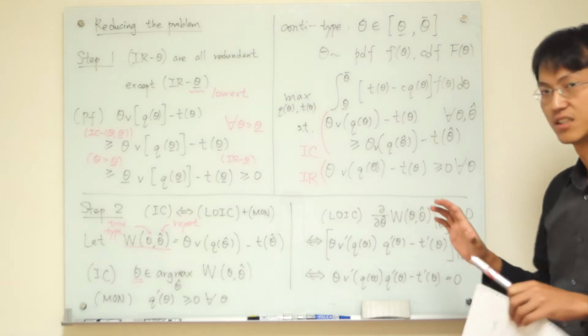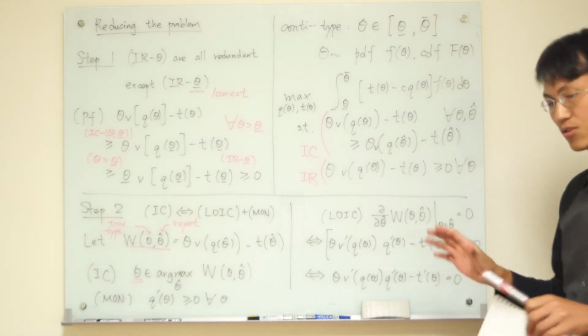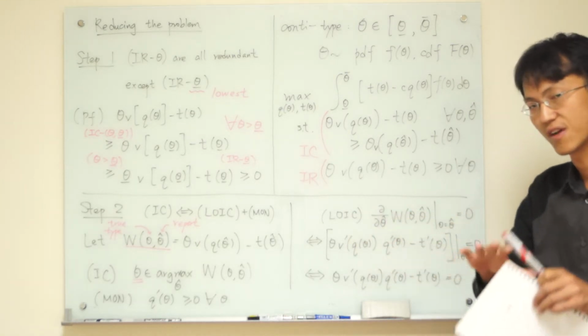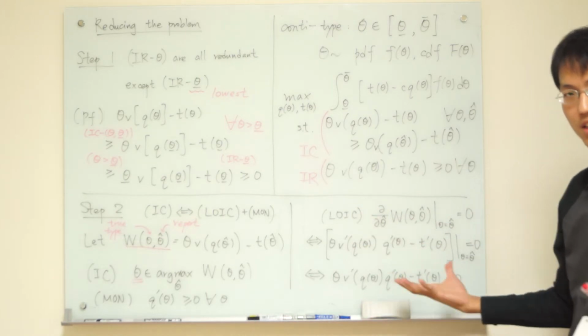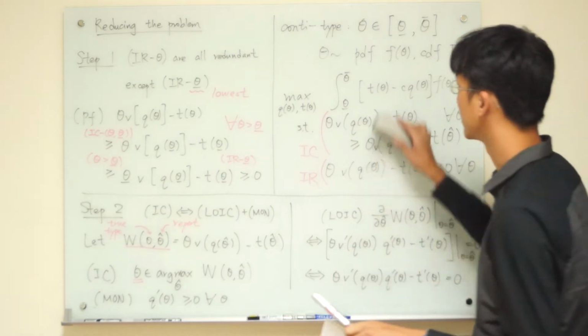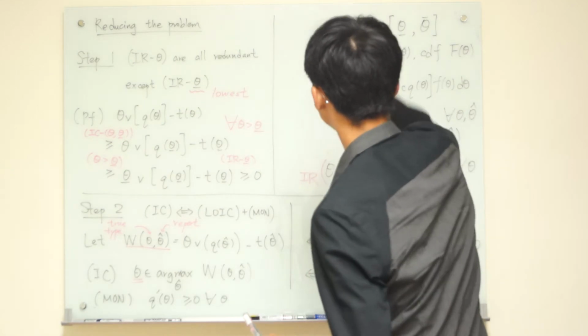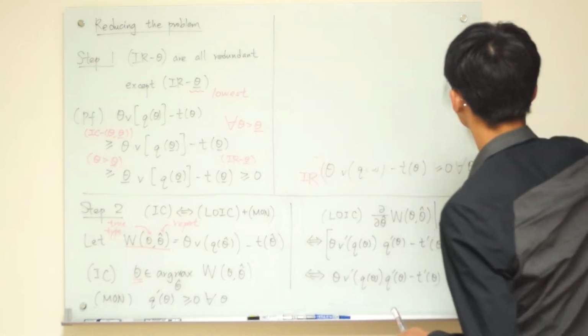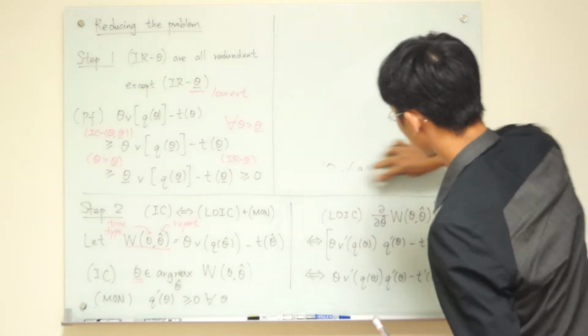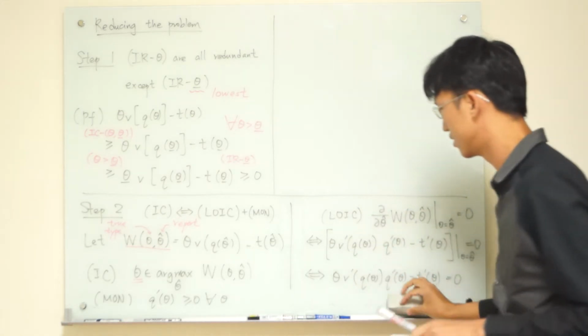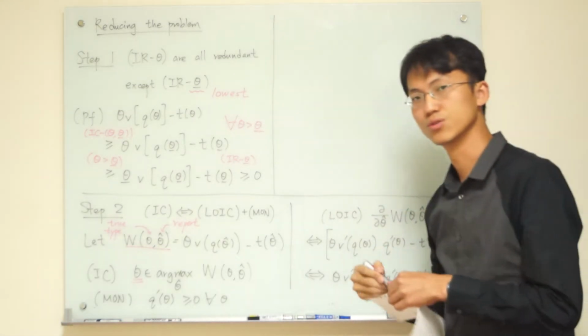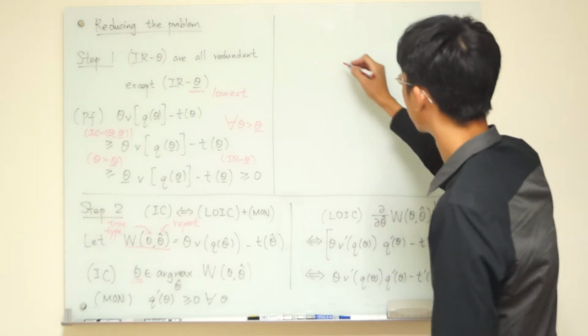Here, local IC says that I don't need to satisfy the IC globally. I need to satisfy only the local IC constraints. So let's see what this is. Here it will be easier to draw a graph to help you understand this idea.